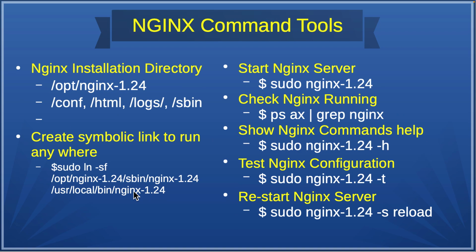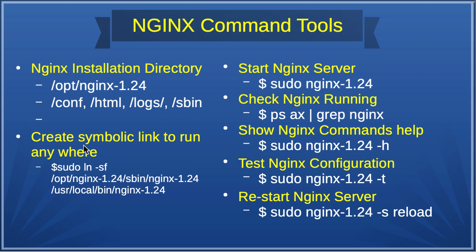Once installed, the nginx installation directory should be /opt/nginx-1.24, and it has the conf directory, html directory, logs directory, and sbin directory.